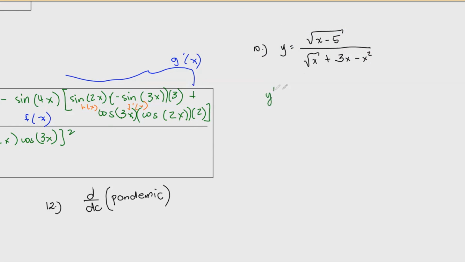So we get y prime, that is equal to the denominator again, so that is our denominator, and then multiply this with the derivative of our numerator, so we get 1/2 x minus 5 raised to negative 1/2. And then you still have to take the derivative of x minus 5, but that's just 1, so I will not be writing it anymore.